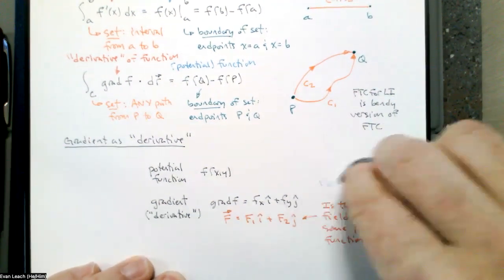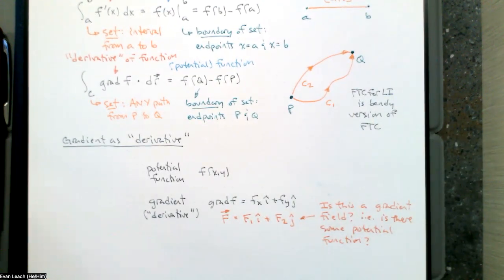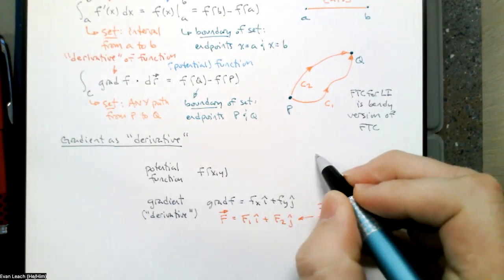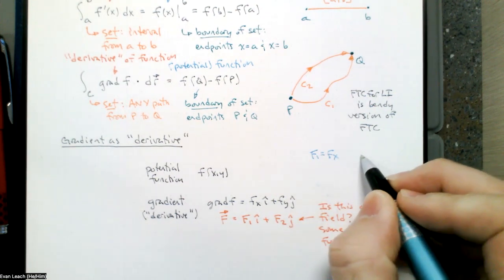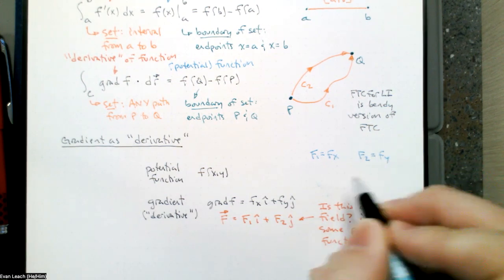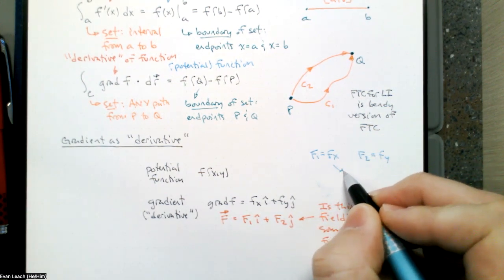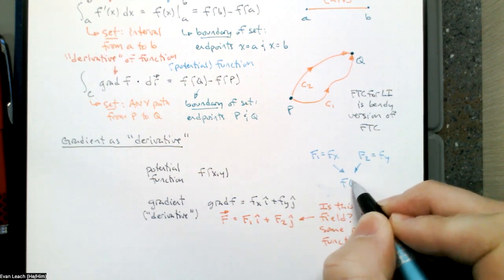I didn't like the way that looked. So if f1 is the partial with respect to x, and f2 is the partial with respect to y, can we take these two pieces of information and from them construct one potential function?